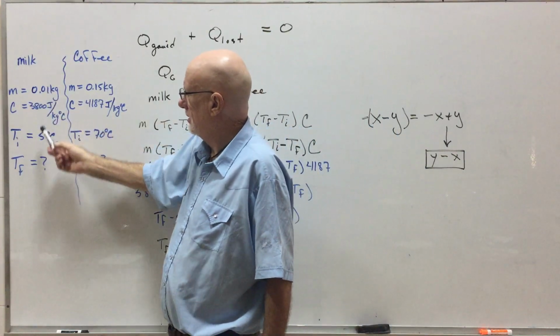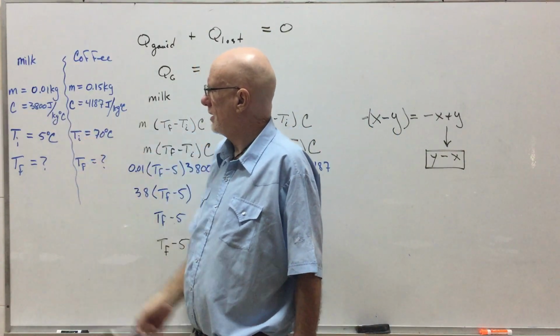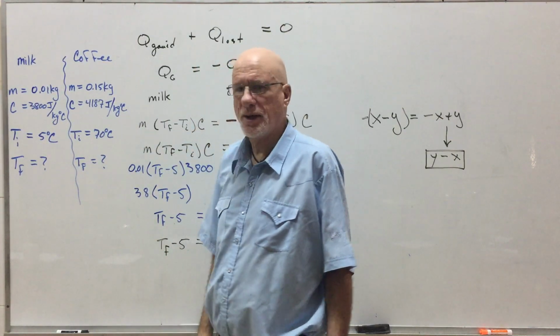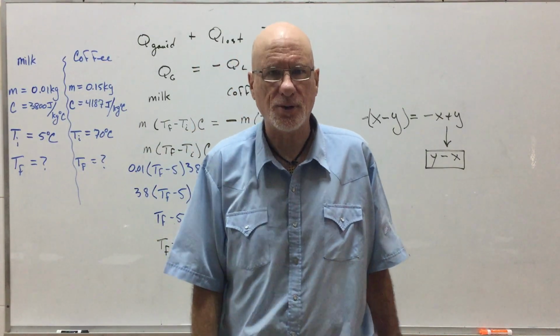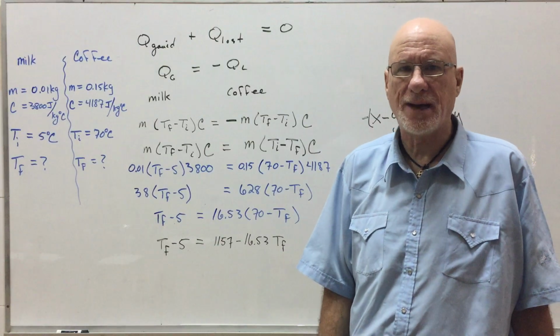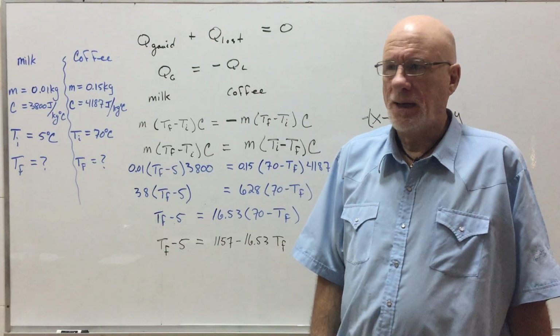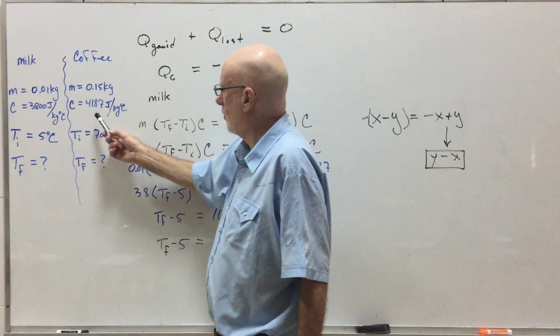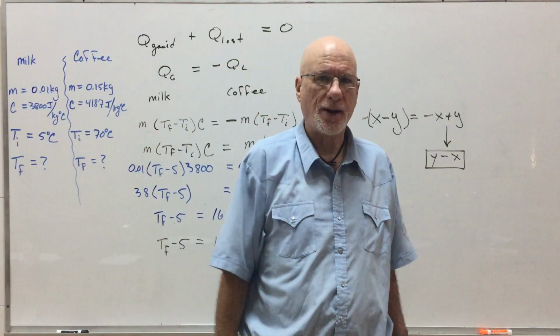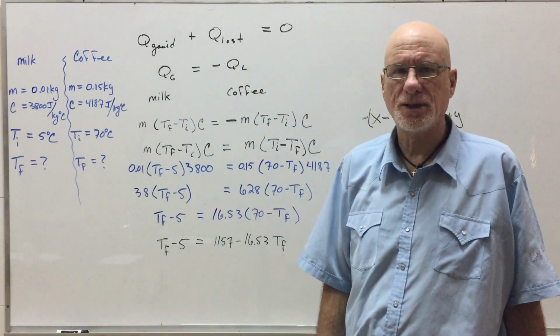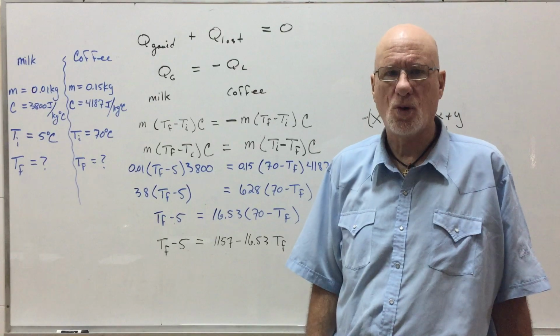Here are the measurements: 3,800 joules per kilogram degree Celsius. That's the specific heat capacity of milk. And 4,187 joules per kilogram degree Celsius is the specific heat for water. Okay.